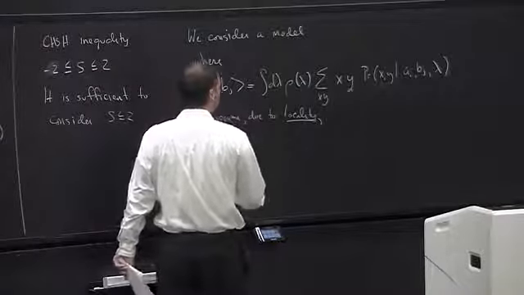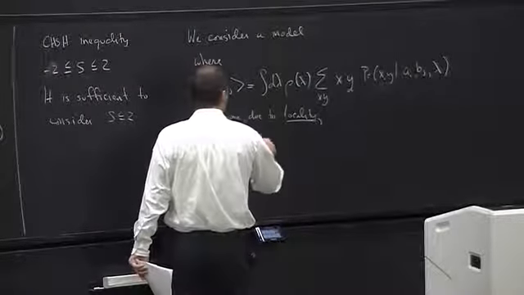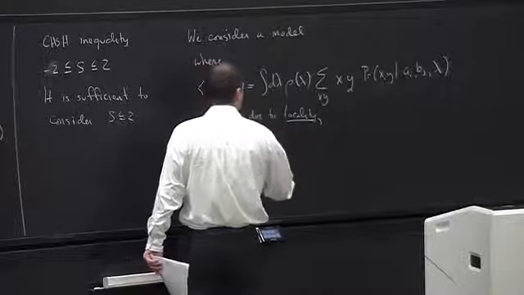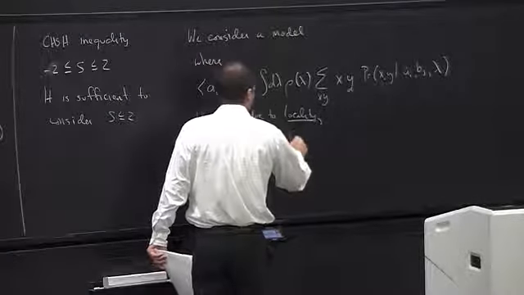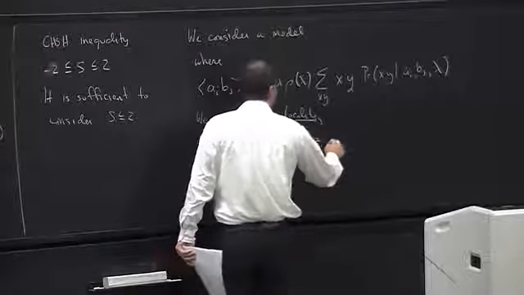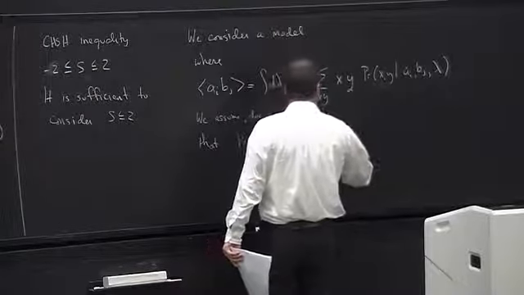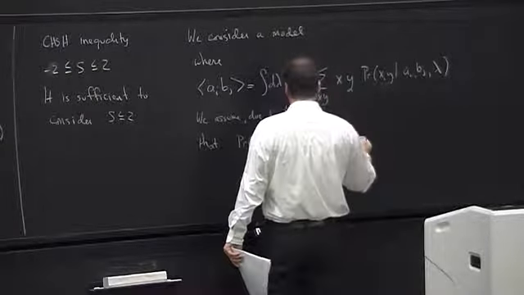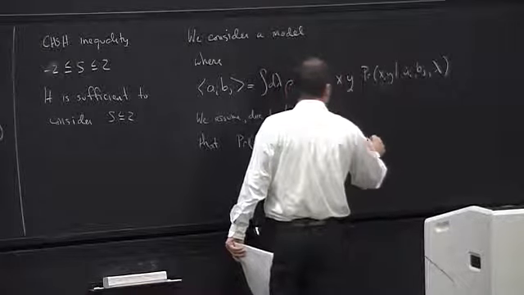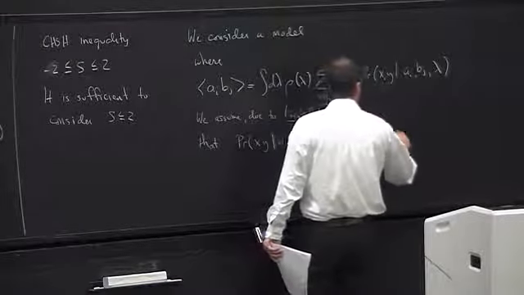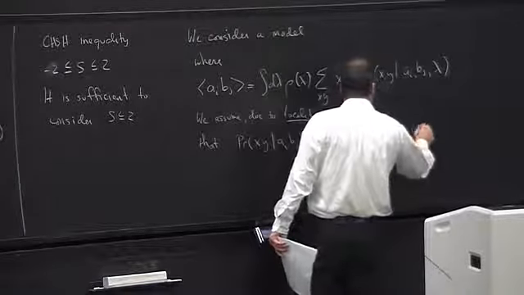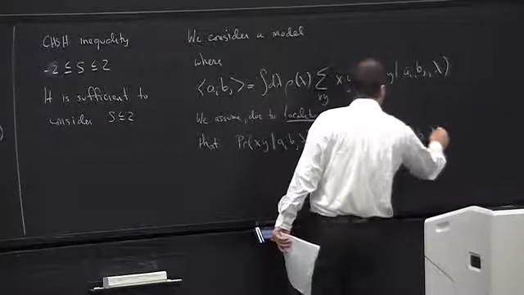We assume due to locality that we can factorize: the probability of x, y conditioned on these quantities is equal to the probability of x conditioned on a_i and lambda, times the probability of y conditioned on b_j and lambda.